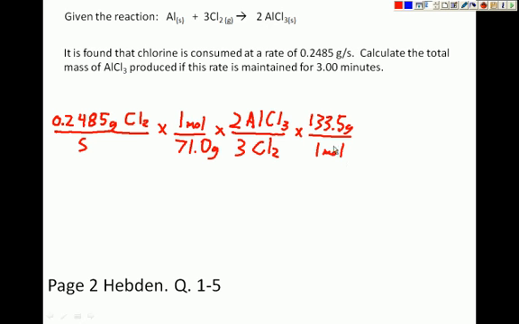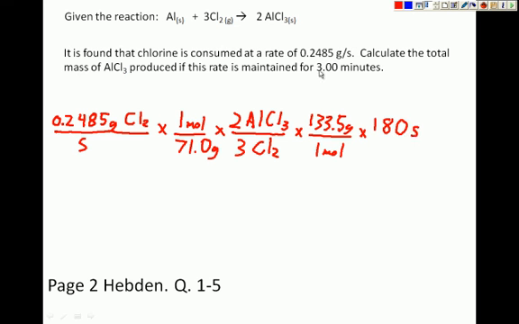Now, the rate is maintained for 3 minutes, which is also equal to 180 seconds. Now we can just multiply this by 180 seconds.